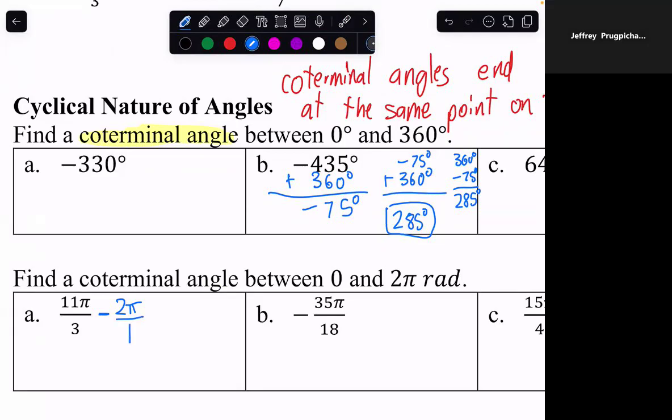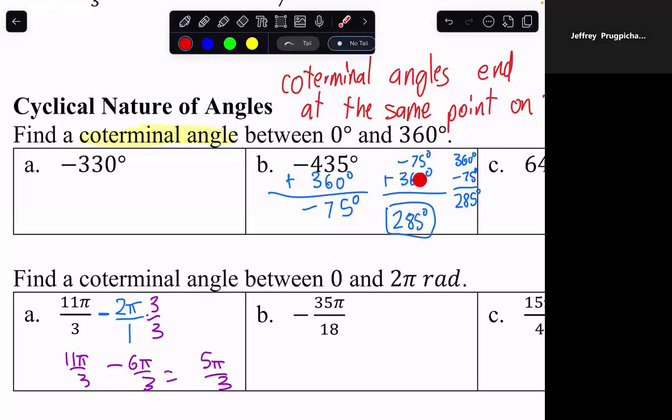And when subtracting fractions, we need a common denominator. So I figured out that 11 pi over 3 is coterminal with 5 pi over 3.